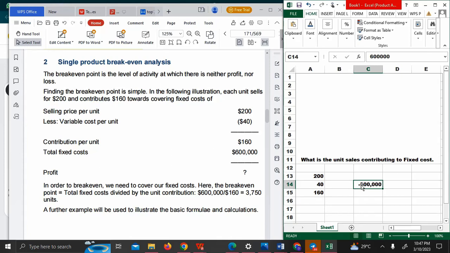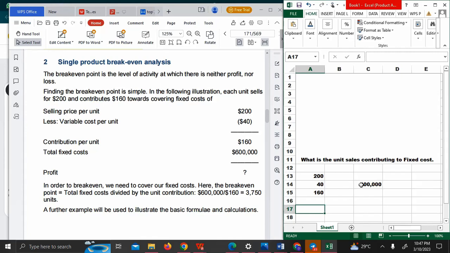Simple. That's contribution. So are you saying that what I make in selling my bead is the particular amount that will contribute to reducing my rent? Yes.